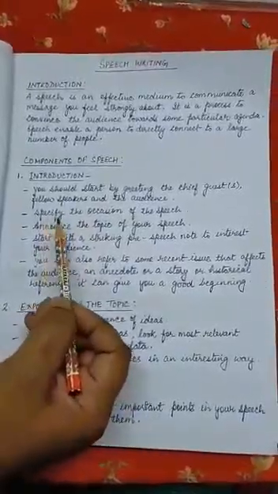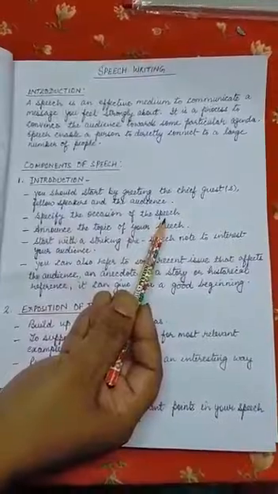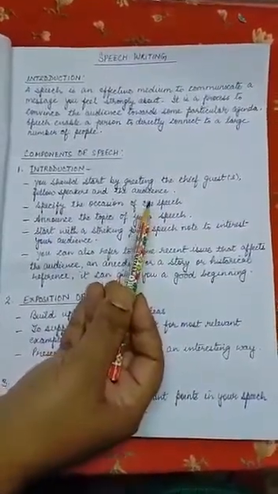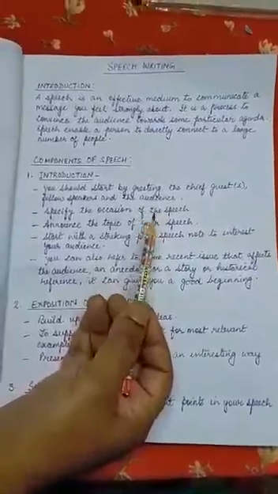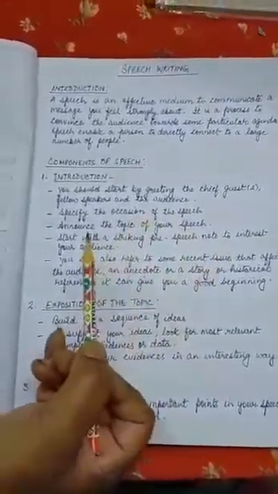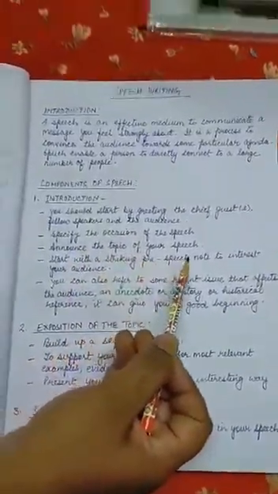Next is to specify the occasion of the speech. And you can start it with a quote or a question to win the attention of the audience. Next is to announce the topic of your speech.